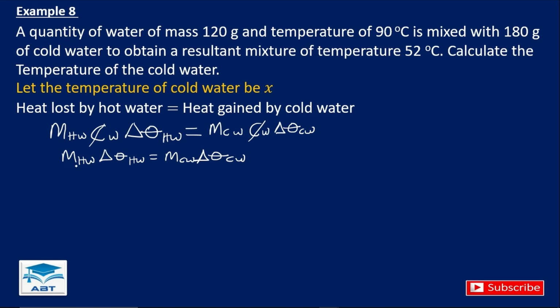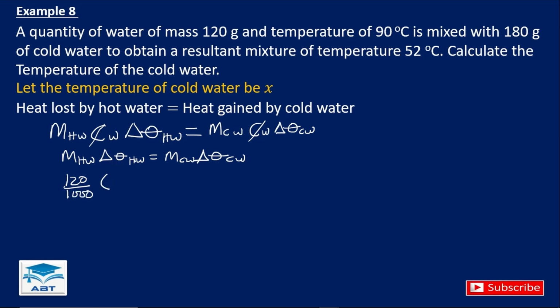So now what is the mass of the hot water? A quantity of water of mass 120 grams and temperature of 90 degrees Celsius is mixed with 180 grams of cold water. So the hot water is the 90 degrees Celsius and it has a mass of 120 grams. But we have to change it to kilograms. That will be 120 over 1000.